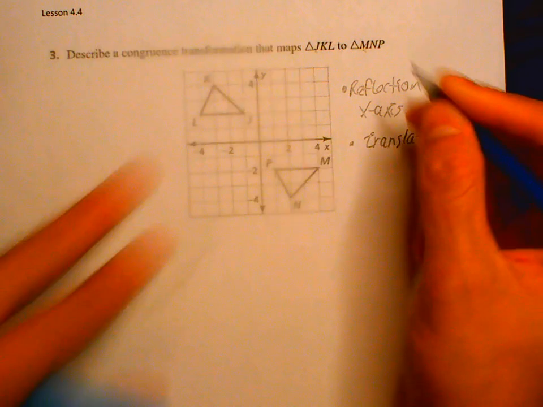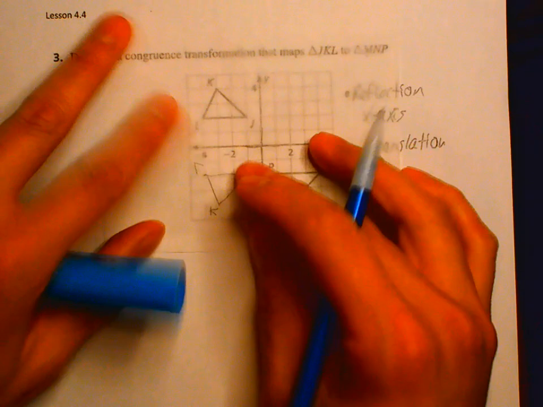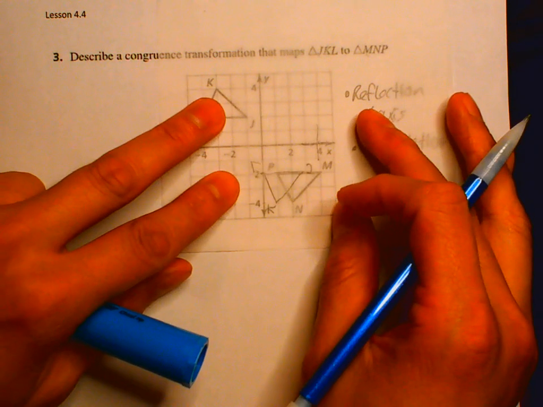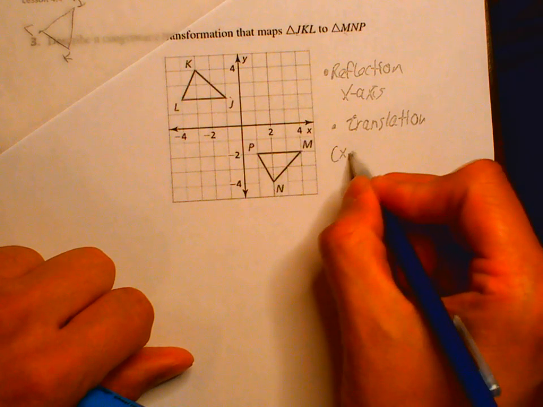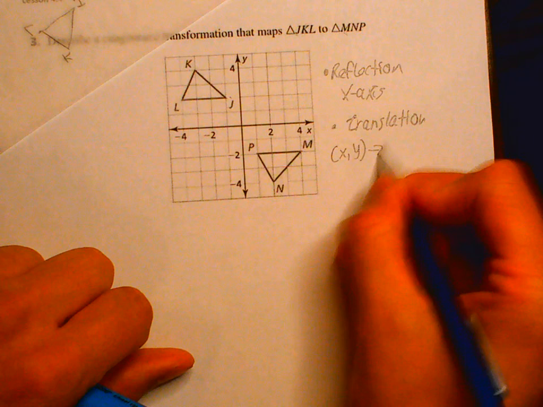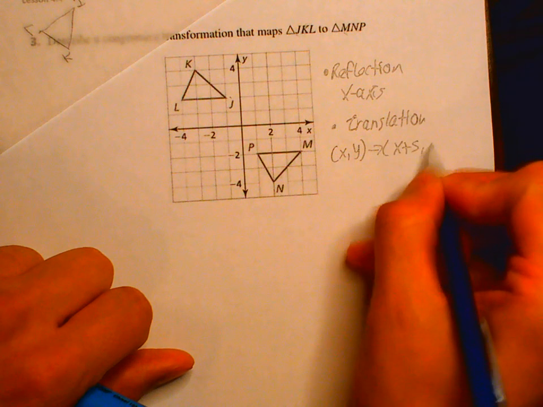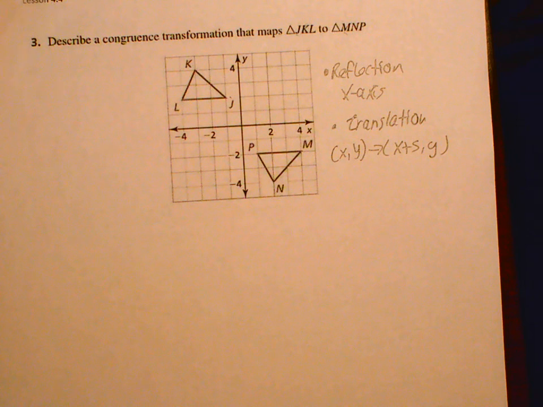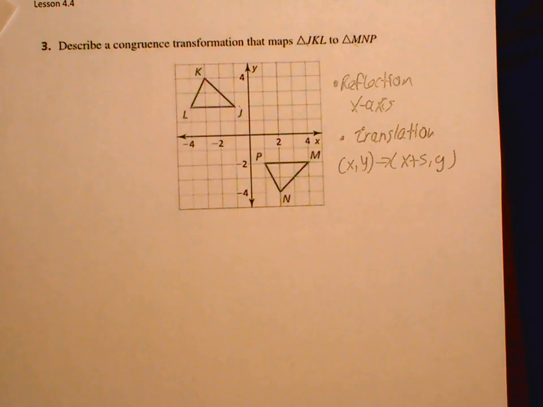Now the translation happened to be, unless I count it right, 1, 2, 3, 4, 5. 5 units to the right. And no units up or down. Okay, so that is example number 3.